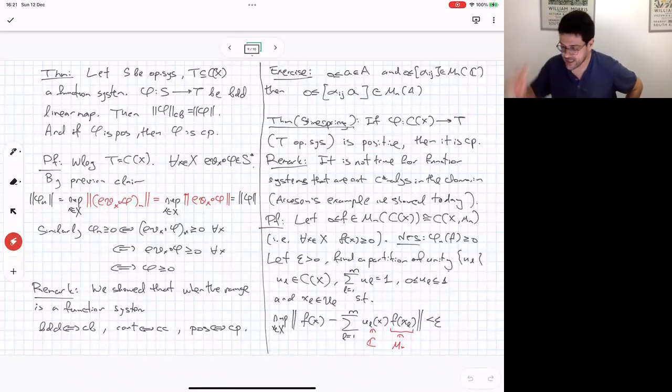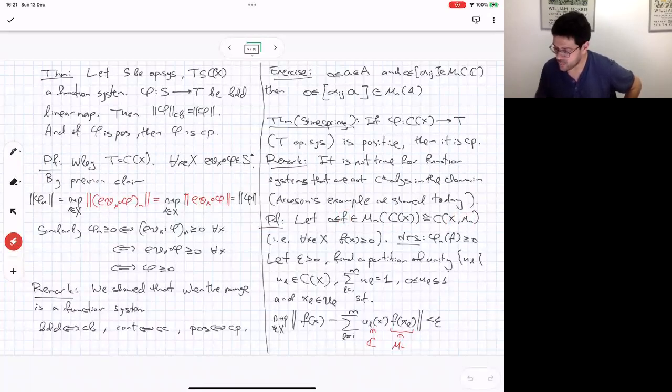The idea was like this: we need to take an element of M_n of C(X), and show that phi_n of f is positive. This f is like an n by n matrix of functions, or a function that is M_n valued.